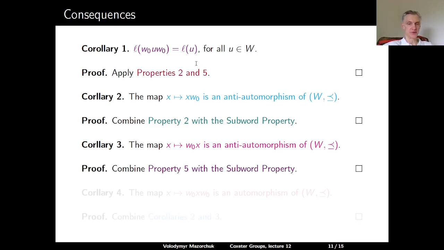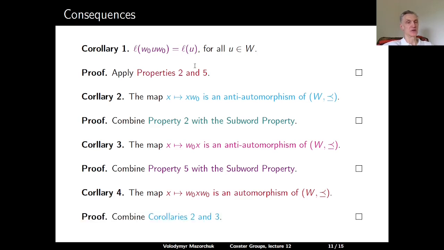Here we combine property 5 with the subword property. And finally, the map which sends x to w0xw0 is an automorphism of W with respect to the Bruhat order. This is just corollaries 2 and 3 combined.